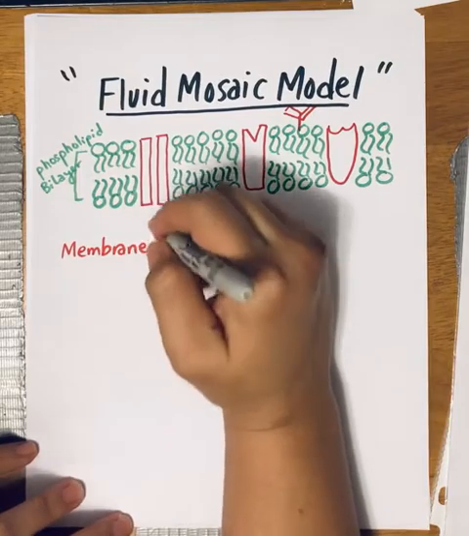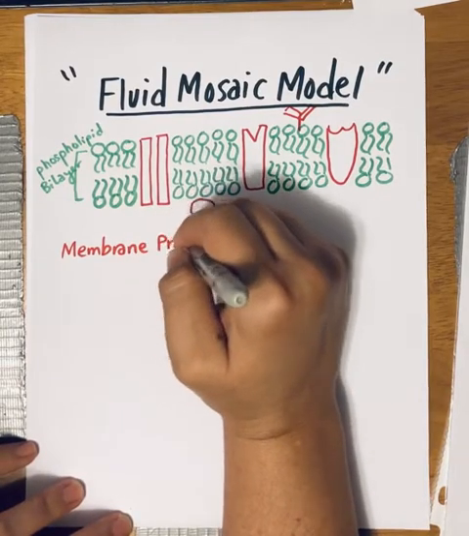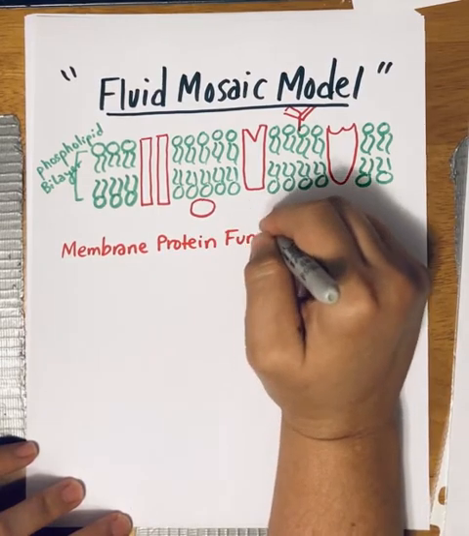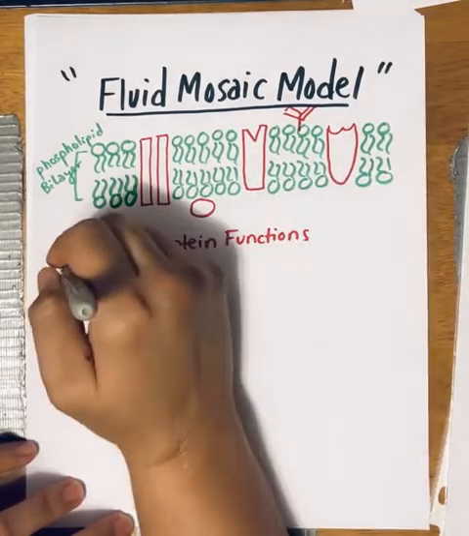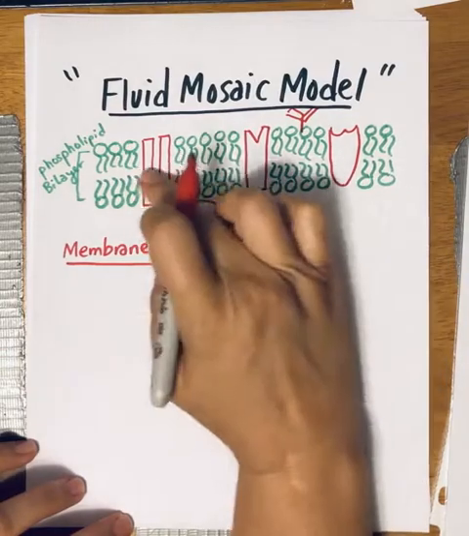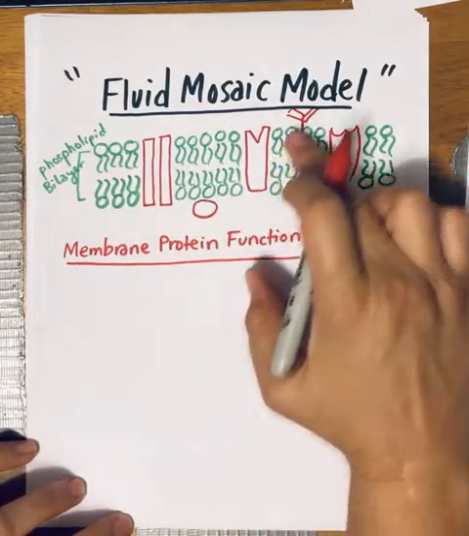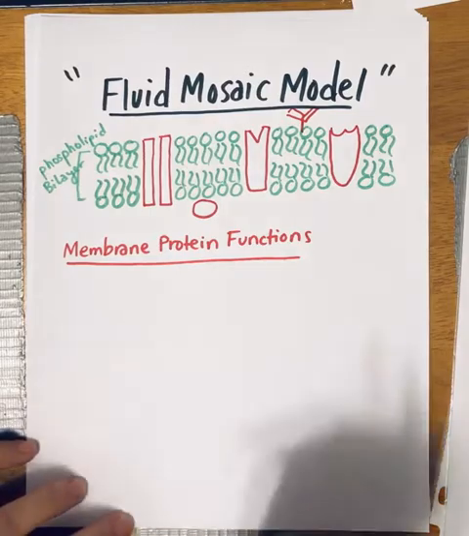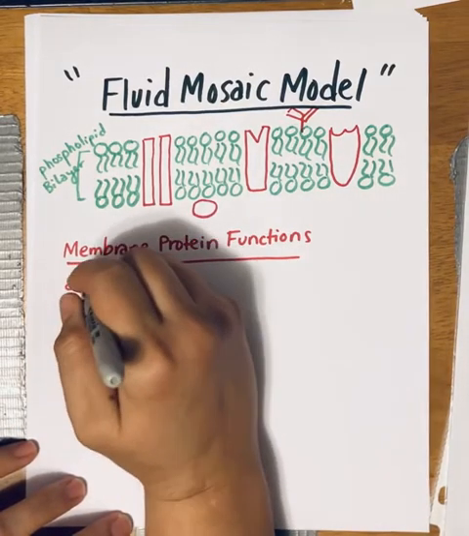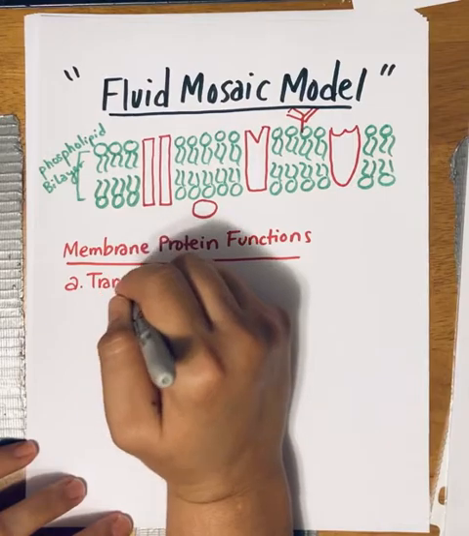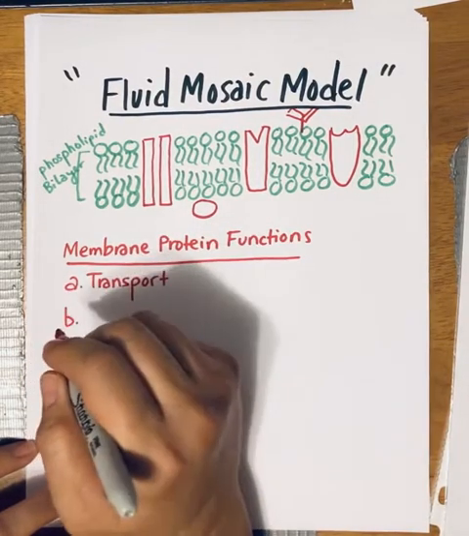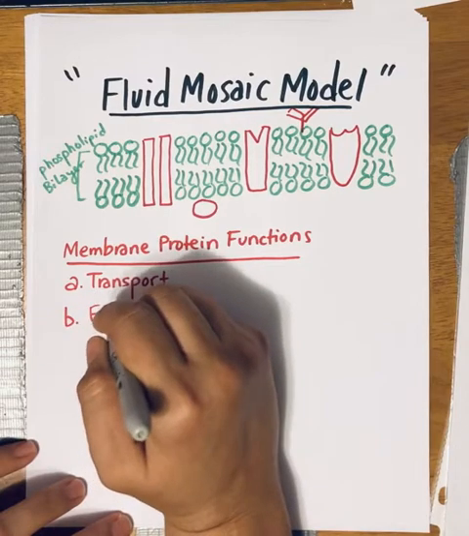So membrane protein functions. Now, every time a protein has a different shape, it has a different function. So, the first thing is transport. That one's pretty easy. The second thing is going to be an enzyme.